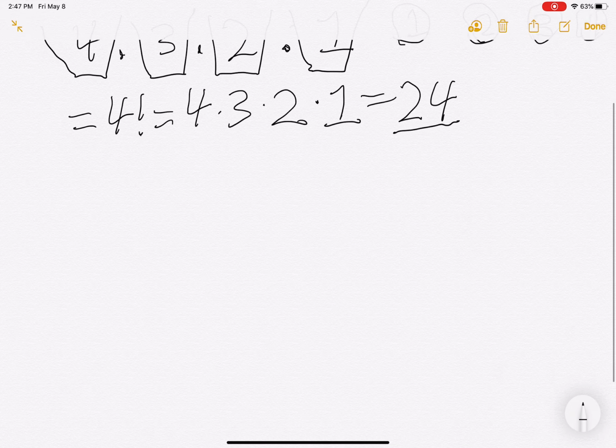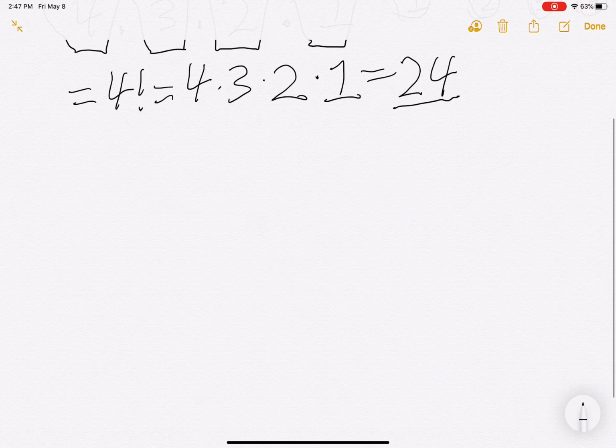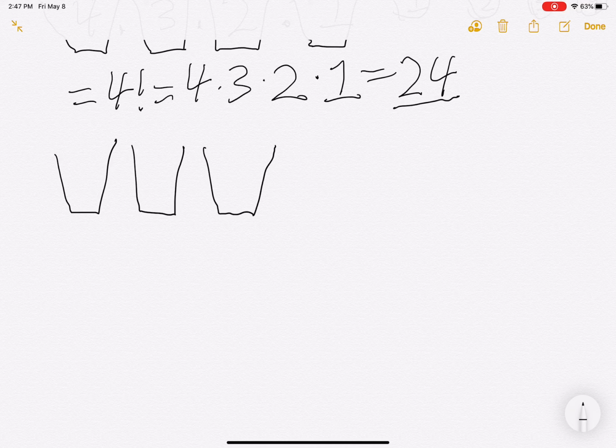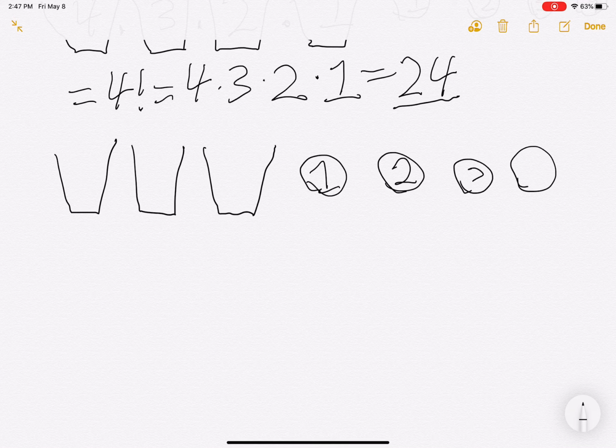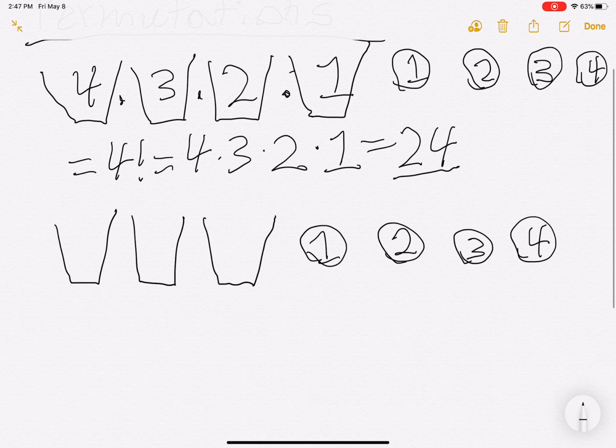So now we can look at another example. In this case, we can have 3 cups. This will be a bit different. And we have the same 4 balls. Right? So now let's try using the same procedure.